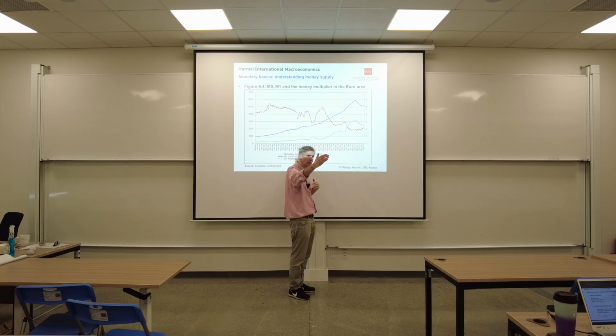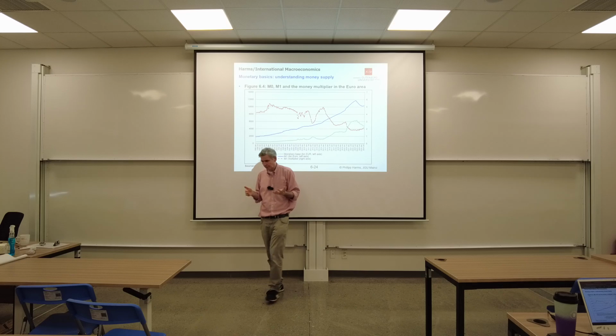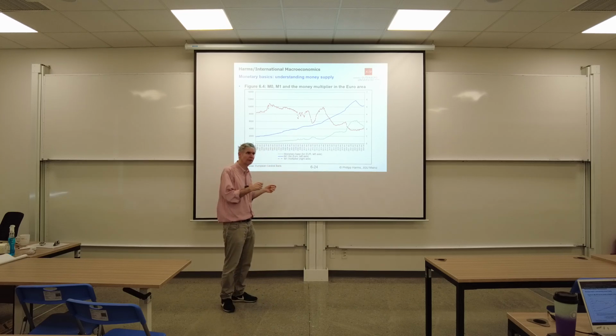So the speed at which the liquidity provided by the central bank was turned into M1 decreased, which at that time was perceived as kind of a problem because it reflected commercial banks not taking the liquidity to give credit to firms, but actually sitting on this and not using it.